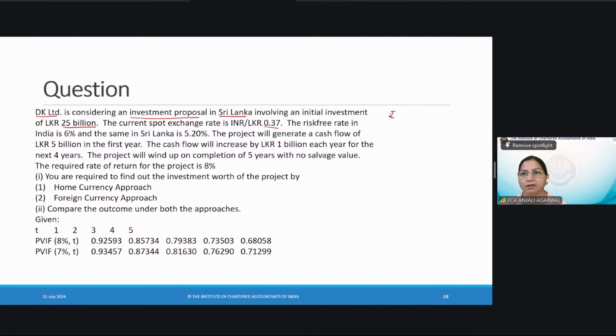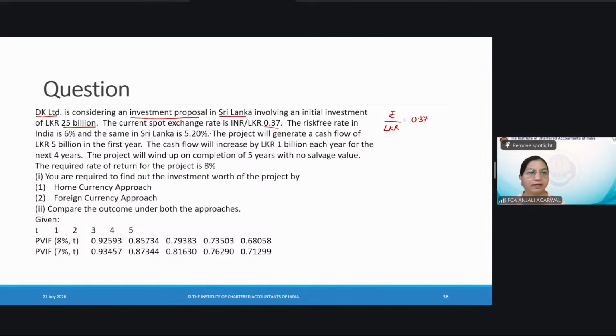So rupee upon Sri Lankan currency is 0.37. That means for one Lankan currency you end up getting only 0.37 rupee. That means Indian currency is at premium.